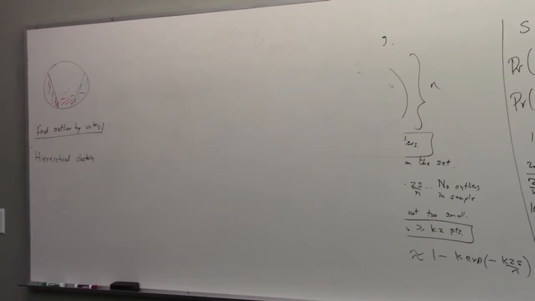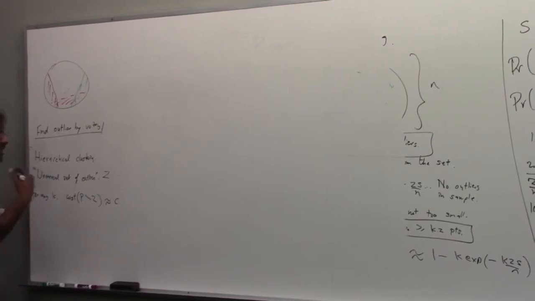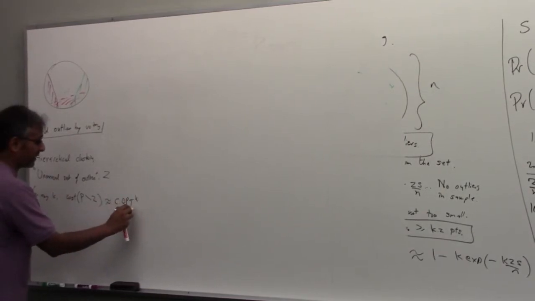Okay? And what I mean is the following. The goal here is to produce what I'll call a universal set of outliers. We'll call this set Z, such that for any k, the cost of clustering P minus Z with k clusters is close, up to some constant factor, to the optimal cost of a k-center clustering of the data set with z outliers.